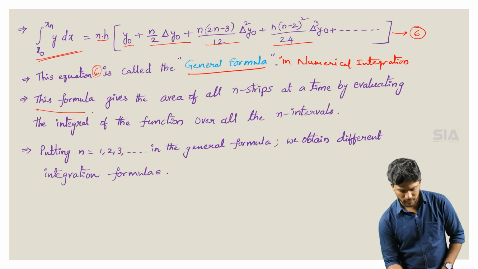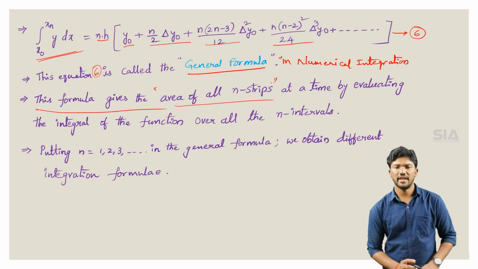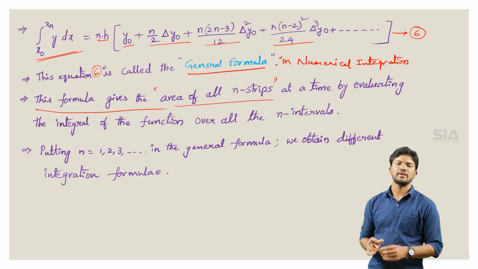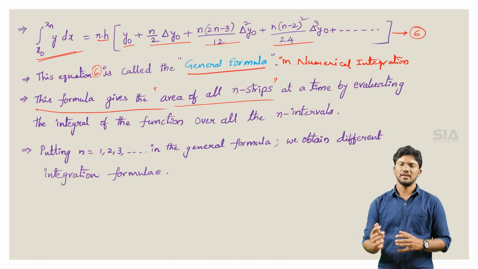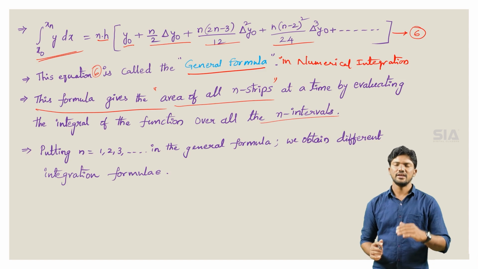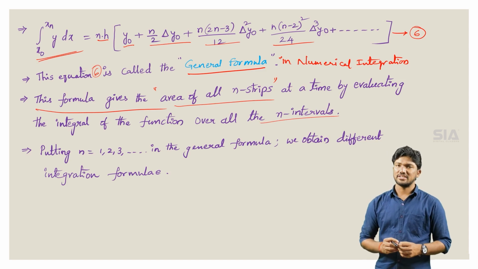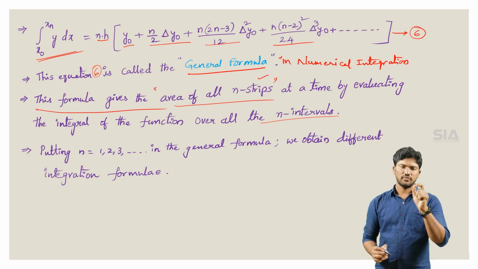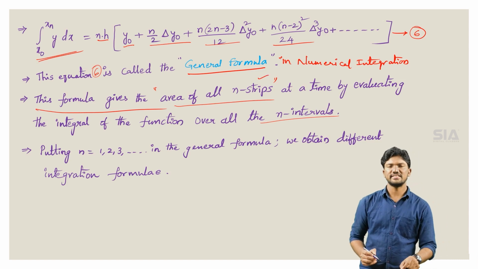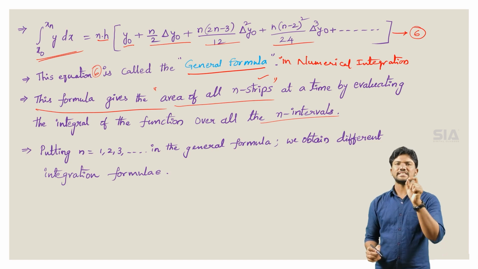Now this formula gives the area of n strips at a time by evaluating the integral of the function over all the small n intervals. Here, strips are nothing but integrals. For example, if you substitute n is equal to 1, that means the first integral; n is equal to 2, the second integral.